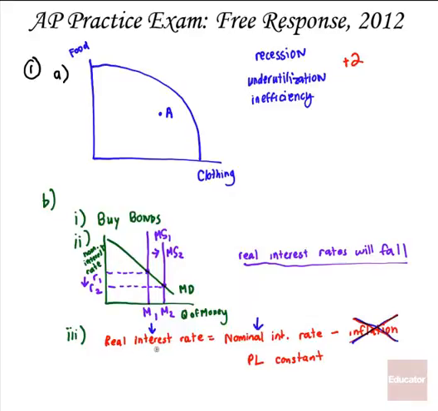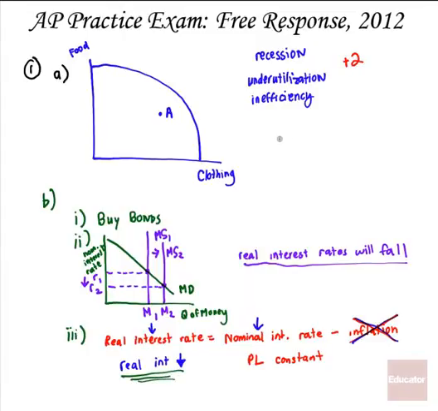So again, if you just draw this out, but if you really want to write it out, the real interest rate goes down. That's basically what's going on, and that will get you the 5th point on this particular problem. Now the final point is part B, given your answer regarding the real interest rate, which has gone down.